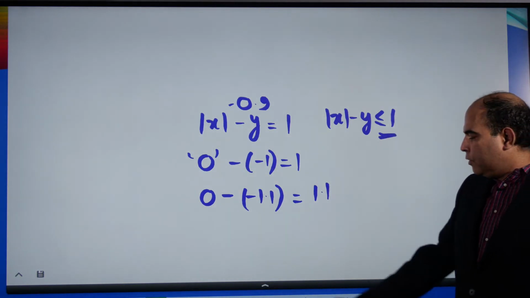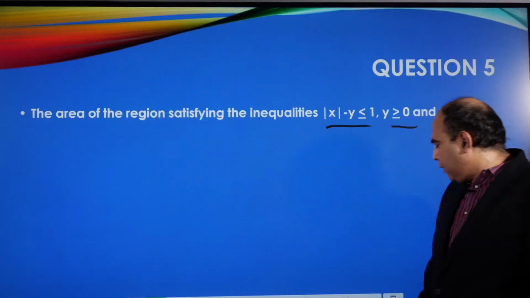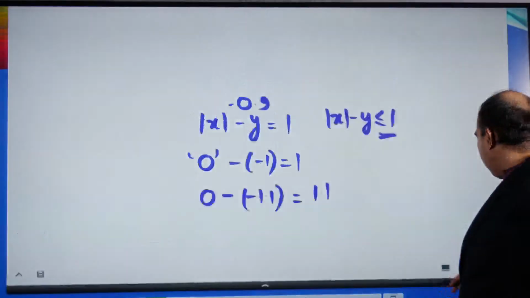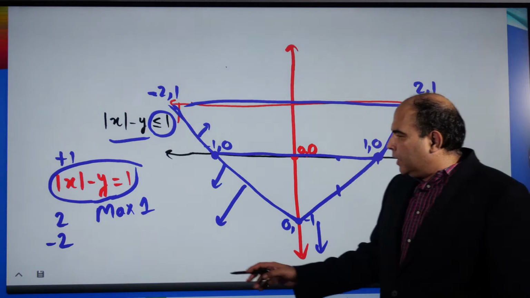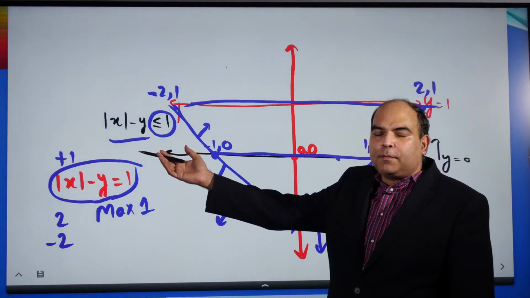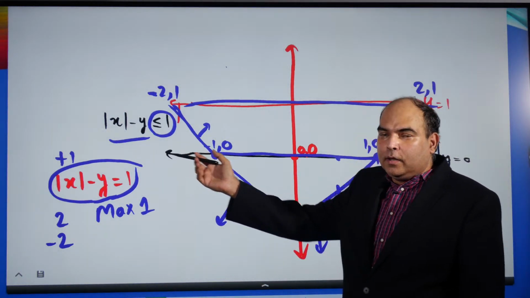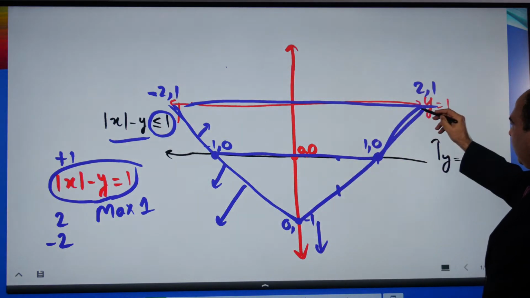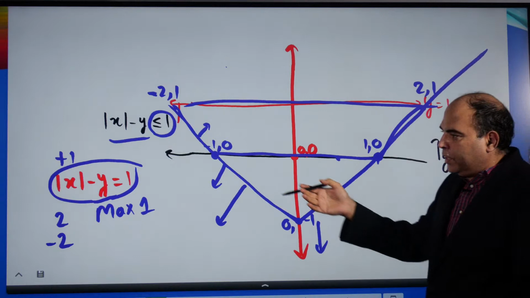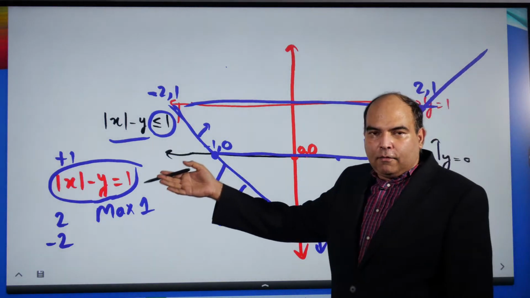Which basically means that, counterintuitively in this graph, the area represented by mod x minus y less than equal to 1 is opening upwards. And of course, please understand, mod x minus y equals 1 will continue all the way, because you can take x as 5 and y will be 4.